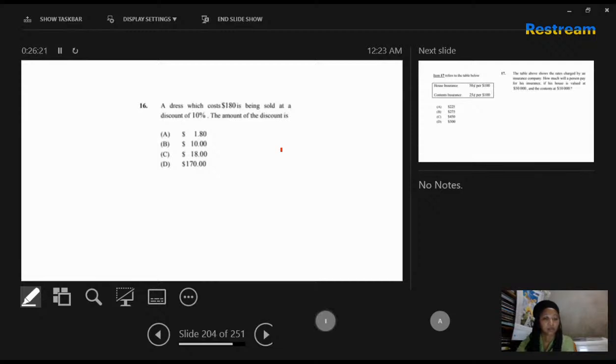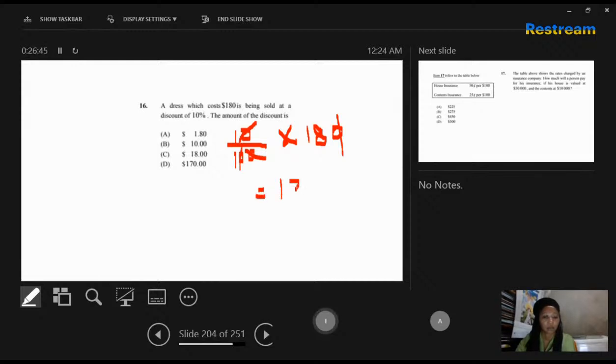The amount of the discount is 10% of 180, so it would be C, $18, since they only asked for the amount of the discount.